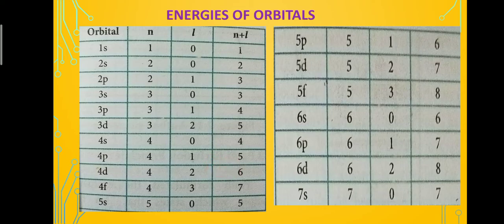So here also look at 3d and 4s. The principal quantum number is 3 here and 4 here. But according to the n plus l rule, 4s has the least value, so it has the least energy compared to 3d. 3d has 5. So when comparing 3d and 4s, while writing the order of increasing energy, we have to write first 4s, then 3d.